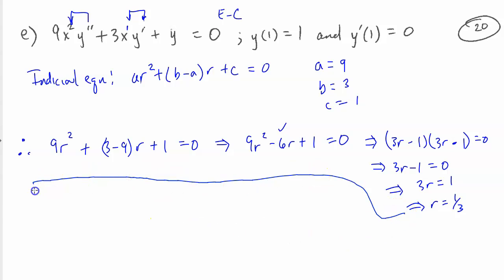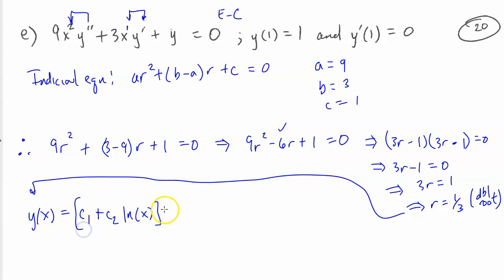So from that, we know that our general solution here, because we only have one solution, is a double root. So it's going to be C1 plus C2 natural log of x, all that times x raised to the r. And of course, our r in this case will be 1/3 here.